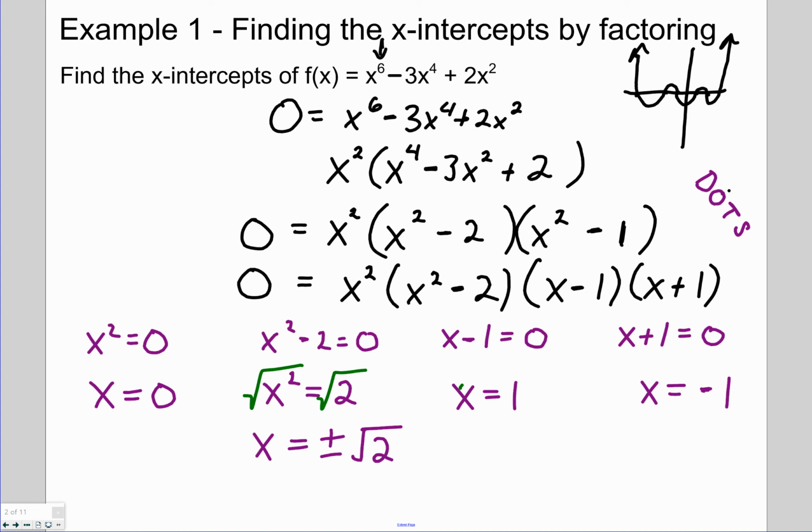So how many roots do I have? How many x-intercepts? Right? What? I thought we said it was going to be 6. Shouldn't it be 6? Why are there only 5 answers? 1, 2, 3, 4, 5. You told me 6. I mean, I told you 6. Why are there only 5? Do you see this one here? That came from x squared equals 0.